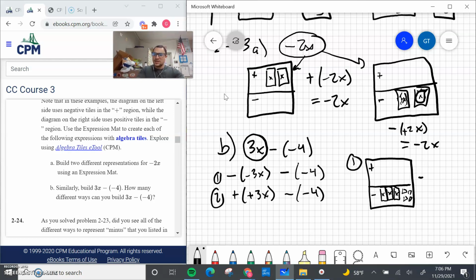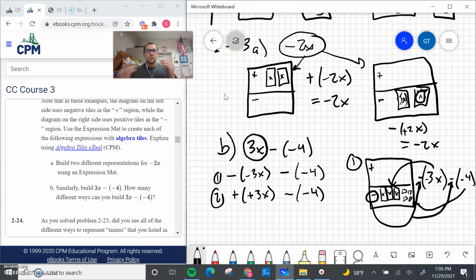So that means that we have a negative 3x minus negative 4. So again, these are negatives, negative 4, these are negatives, negative 3, and they're all in the negative region, here and here. So that's what that means.